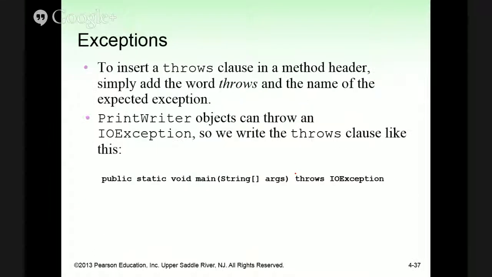So we can use the throws clause to handle that. And that would go in the header of the program. So this should look familiar, our best friend here, right? And then we add this to the end, throws IOException. And so if there is a problem in anything that has to do with input and output, it would throw an exception.